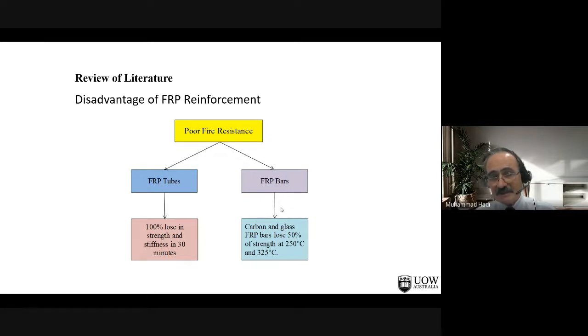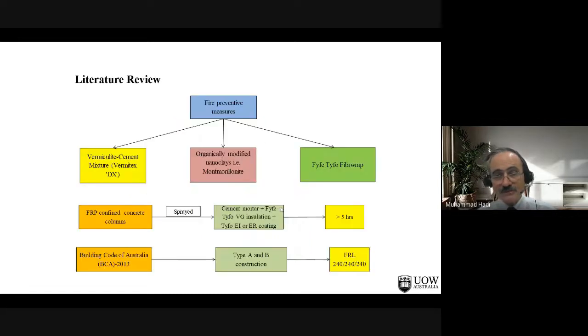If you have FRP bars inside beam and column members, then there is cover, and this cover may protect the bar from fire for maybe 1 hour. Whereas if the FRP is outside, then if there is fire, you will lose the material.